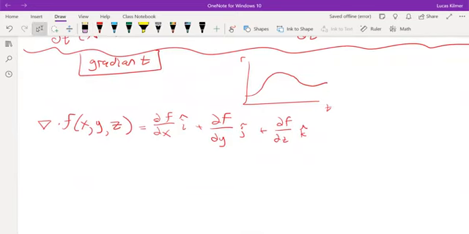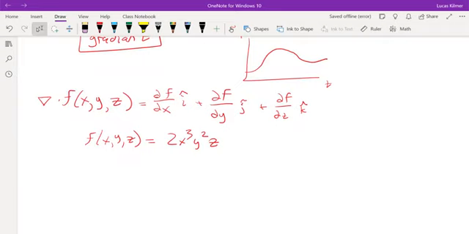So let's say I have a function, and this is my function of x, y, z. And let's say I wanted to find the gradient at which this function right here is increasing most rapidly.